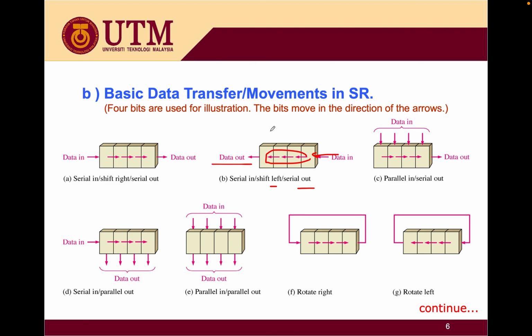Before that, let's go for parallel. Parallel depends on whether it is from up or down, so horizontal or vertical. Here, parallel is pointing from up, so you have parallel in.